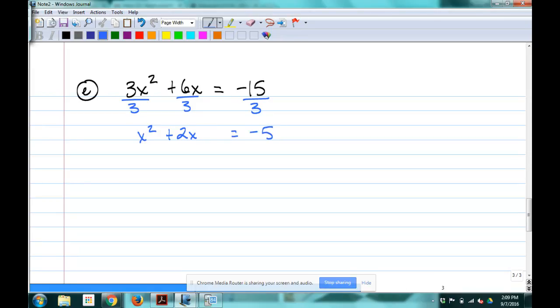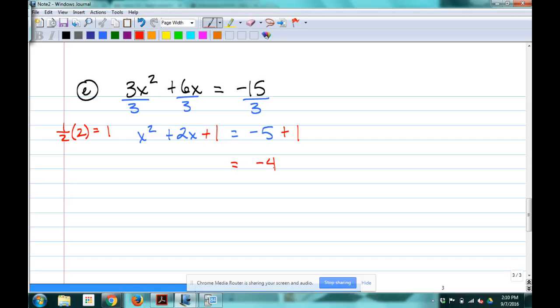That works out real nice because now when I take half of b, it's not a fraction. So what am I adding to both sides? Half of 2 would be 1, and 1 squared is 1. So I'm adding 1 to each side.